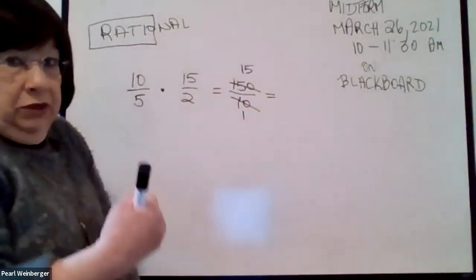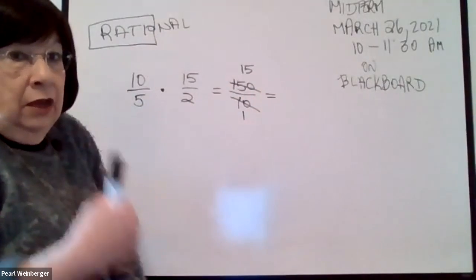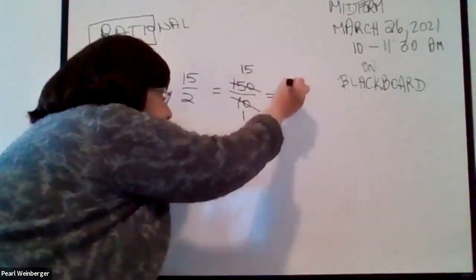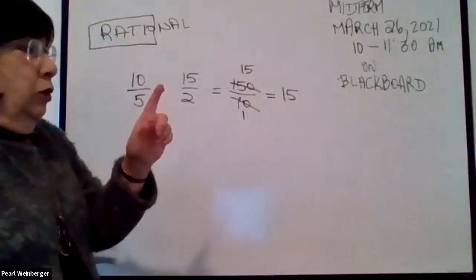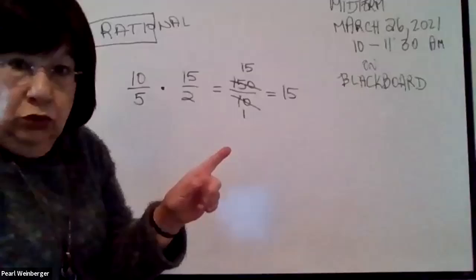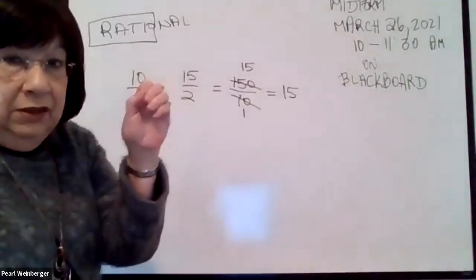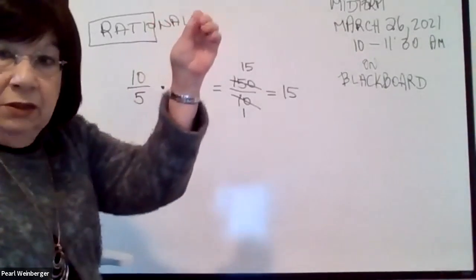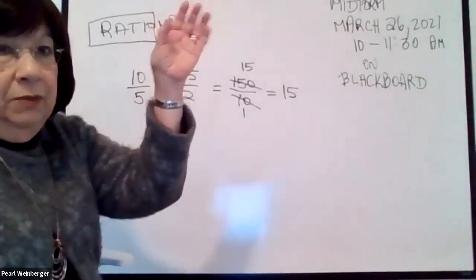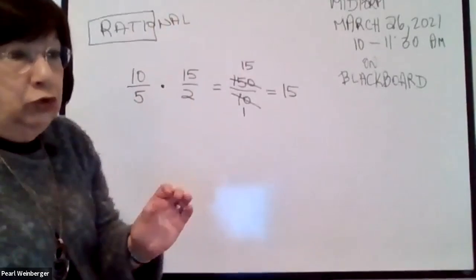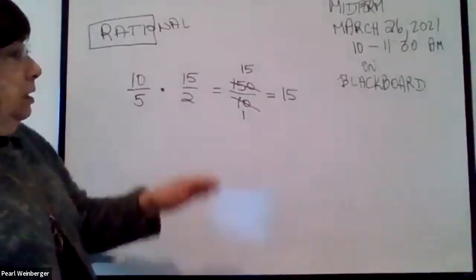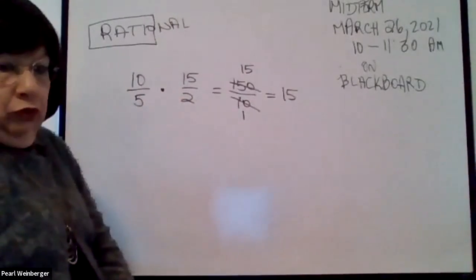Remember, when your denominator is 1, you don't have to put it in, and you could just write 15 over 1 as 15. You can't do this when the 1 is in the numerator, but when the 1 is in the denominator, you don't have to put it in. When the 1 is in the numerator, you must put it in, because 1 over 2 is not 2, but 2 over 1 and 2 are the same. So that's one way of doing it.